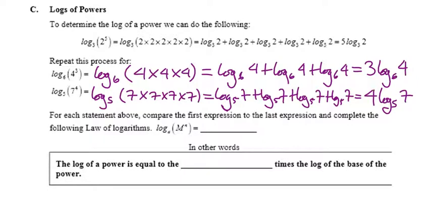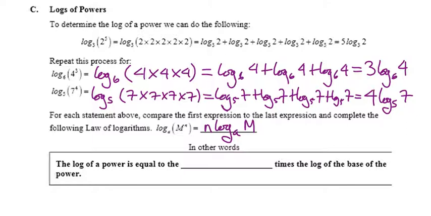So for each statement above, compare the first expression to the last expression. The log base 6 of 4 cubed is 3 times the log base 6 of 4. The log base 5 of 7 to the 4th is 4 times the log base 5 of 7. So the last law: the log base a of m to the power n is n times log base a of m.